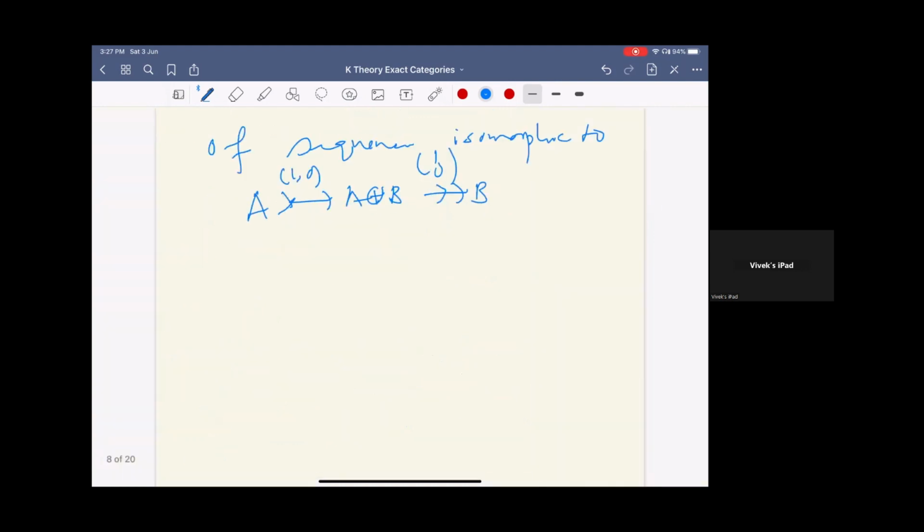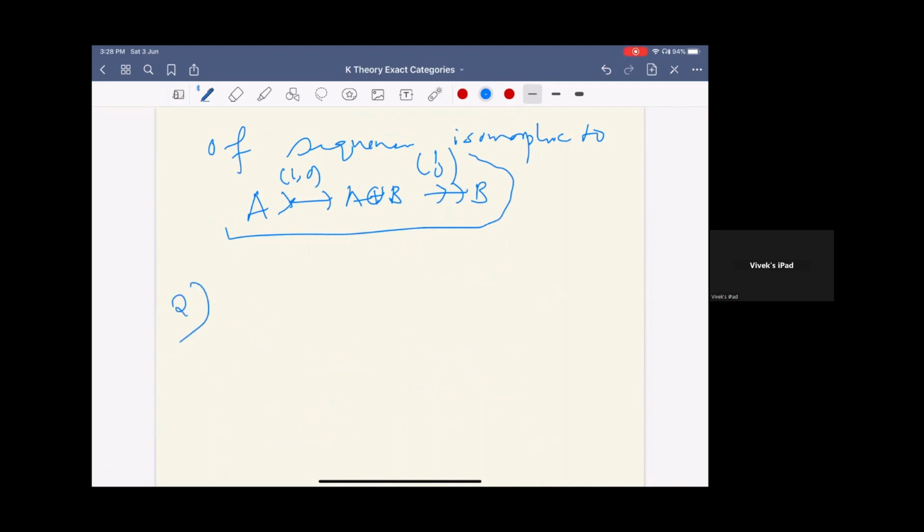There may be another exact structure, but this is a trivial exact structure you can always put on an additive category by considering all split sequences, or sequences isomorphic to them.